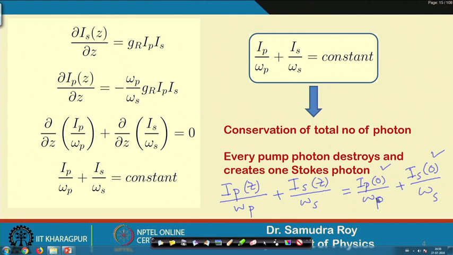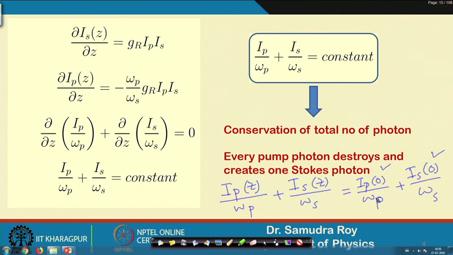And what is the physical meaning of that? I p divided by omega p and I s divided by omega s is a measurement of the total number of photons. So, the total number of photons before the operation and after the operation, meaning at the input and at the output, should remain the same. The total number of photons remains conserved.